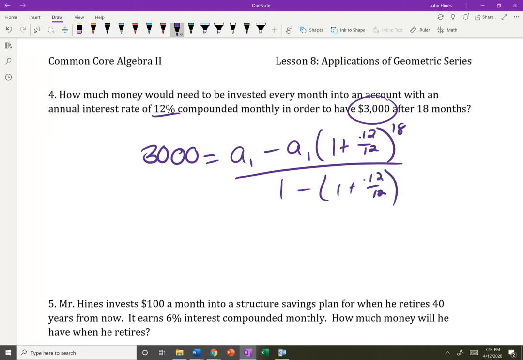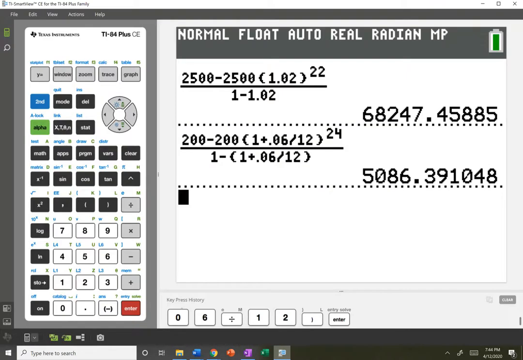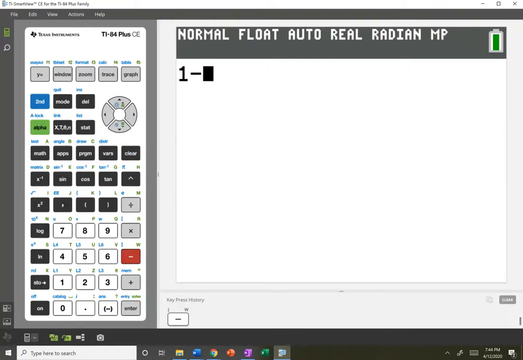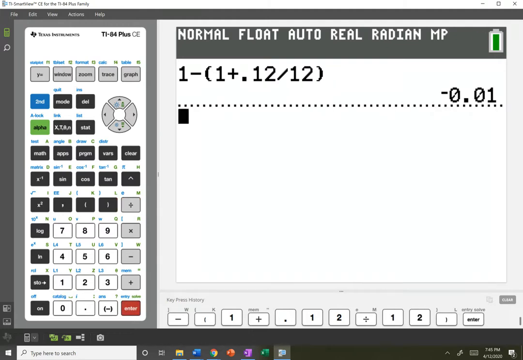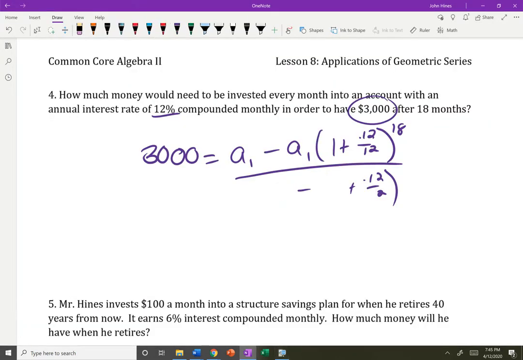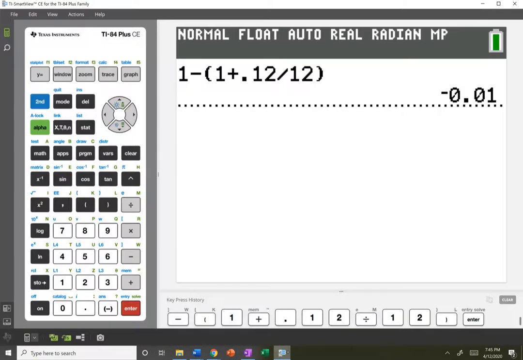So let's clean up that denominator. 1 minus parentheses 1 plus 0.12 divided by 12 is negative 0.01. So what's really on the bottom down here is negative 0.01.